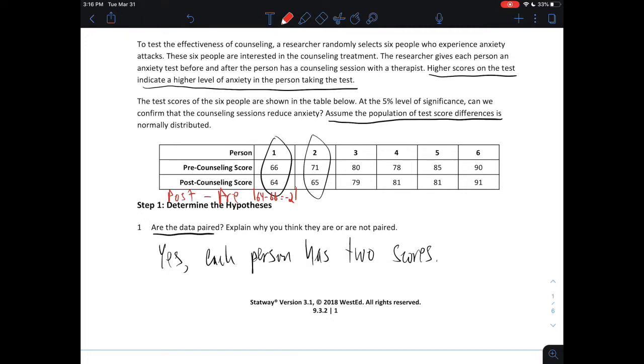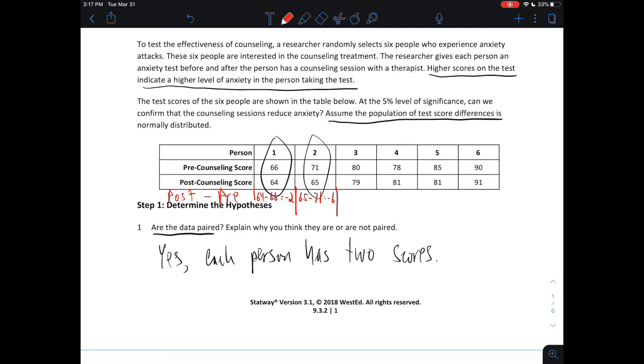For person number 2, I would take the post-counseling score of 65 and subtract the pre-counseling score of 71, and that's -6. So we're really just taking the numbers in the bottom row and subtracting the numbers in the second row.